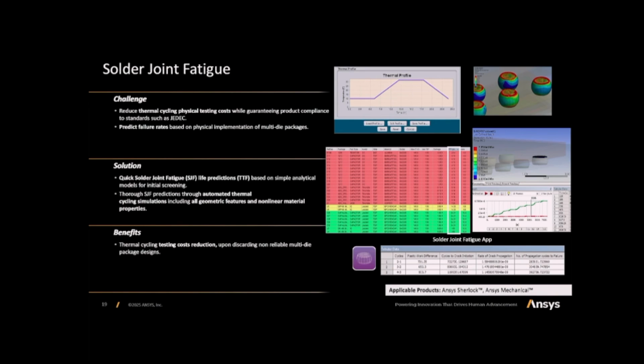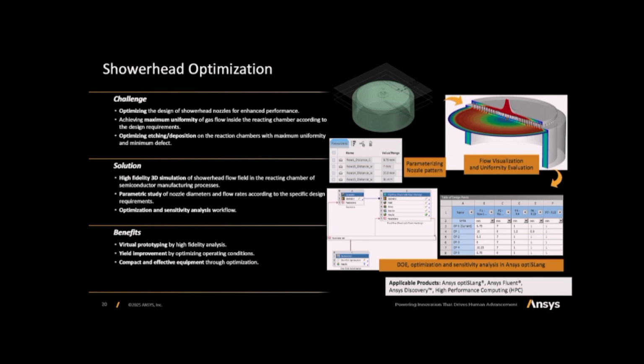And not only for the solder reflow, but you can also do things like fatigue analysis to make sure that you're truly optimizing the process early on. Also, if you're looking at silicon manufacturing, you can get into optimizing the fluid flow from the shower head in that manufacturing process. Lots and lots of other examples that I could throw out here.